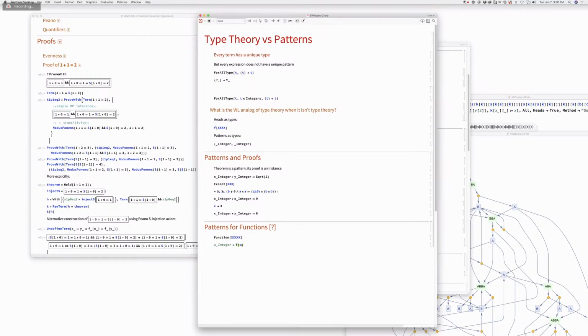In a sense, types are a more impoverished form of description of things. Whereas a symbolic expression can just have this complicated tree structure that goes anywhere. The set of rules that allow you to build a type is quite limited.